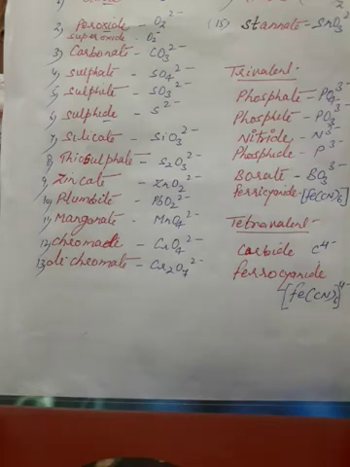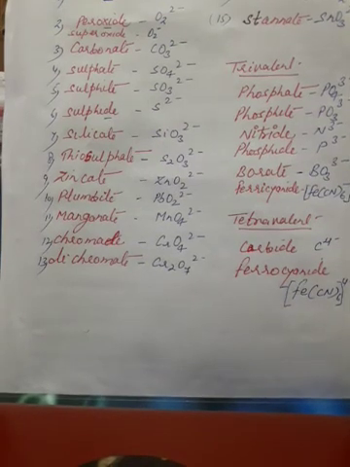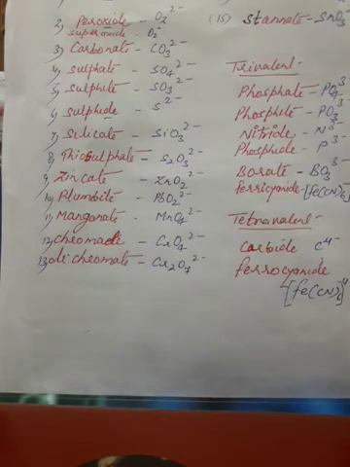Then plumbite, PbO2 2 minus is the valency. Okay, then manganate, MnO4 2 minus. Now compare permanganate and manganate. What is the difference? Both are having the same formula, MnO4. Permanganate valency is 1 minus and manganate valency is 2 minus. Okay, so that is the difference. Then chromate, CrO4 2 minus.